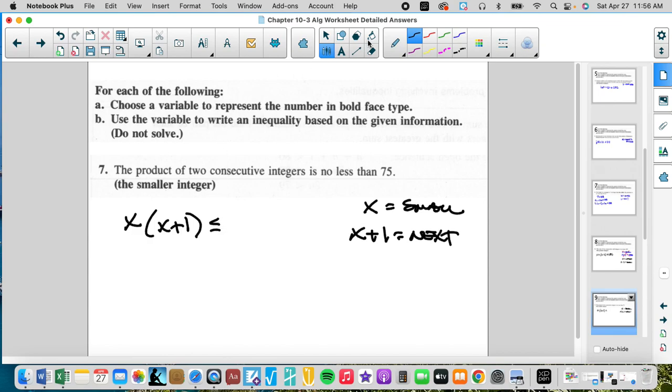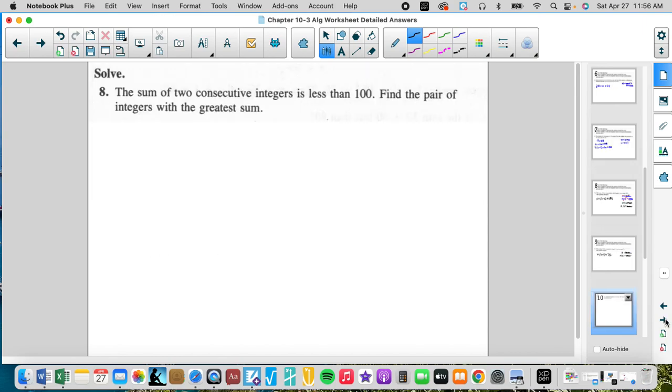So the smallest value it can be, it's no less than 75. So it has to be equal to or more than 75. If it's not less than 75, it needs to be more. So the proper notation is greater than or equal to there.